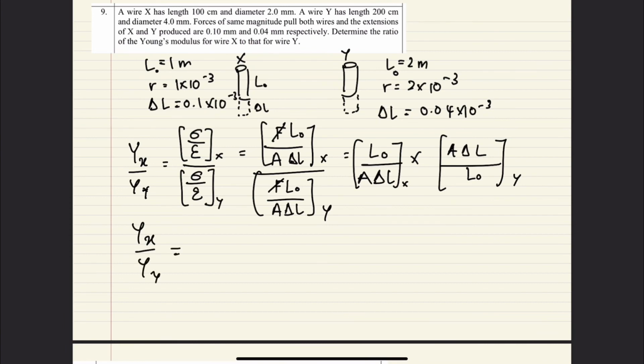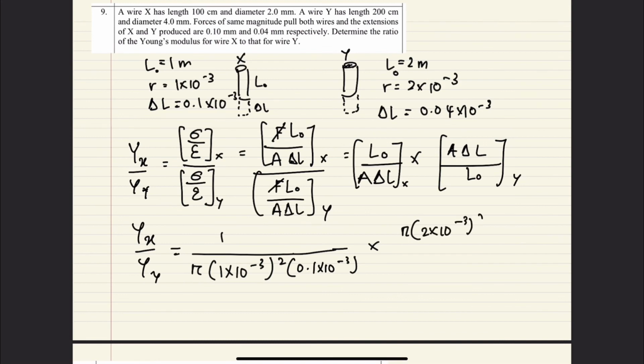L0 for X is 1. A, this one is a wire, you will expect the cross-sectional area to be a circle, so pi r square. This one is 1 times 10 negative 3 square. Delta L is equal to 0.1 times 10 negative 3. And multiply with the pi r square over here, which is 2 times 10 negative 3 square.